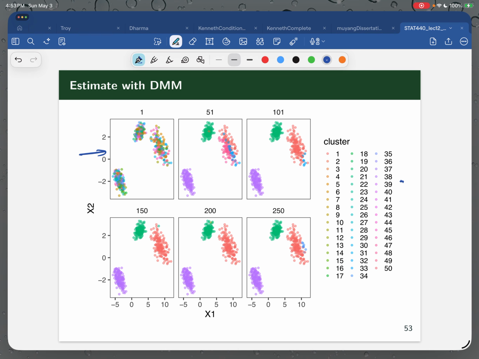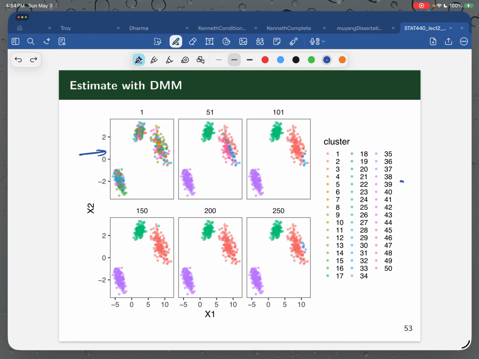In fact, K, the number of clusters, is set at 50 for this example.